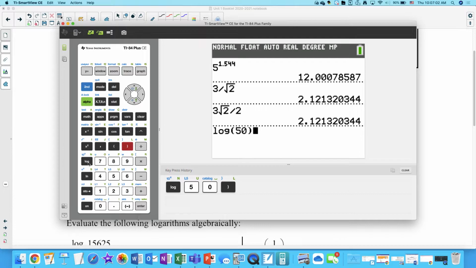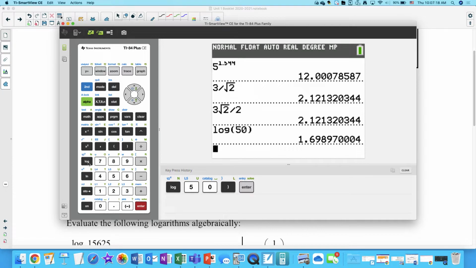There's not going to be an exact value there because 10 to the 1 equals 10, 10 squared equals 100. 50 is between 10 and 100, so the exponent should be between 1 and 2, right? And that's what we see. So these are the only values that are stored in your calculator.